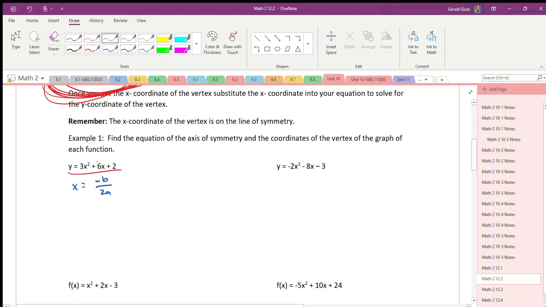So b is 6. If I'm taking negative b, I'll have negative 6 divided by 2a. But a is 3, so 2 times 3. So I have x equals negative 6 divided by 6, which is negative 1. So that means x equals negative 1 is my line of symmetry equation.